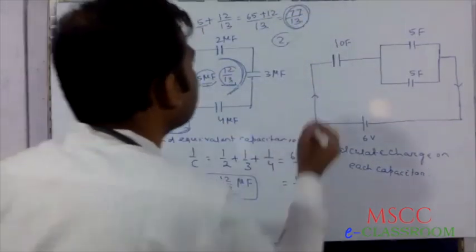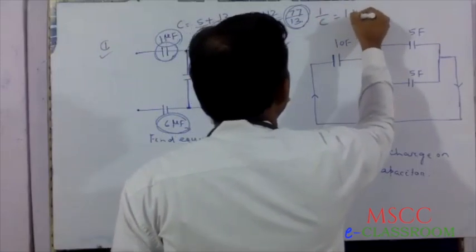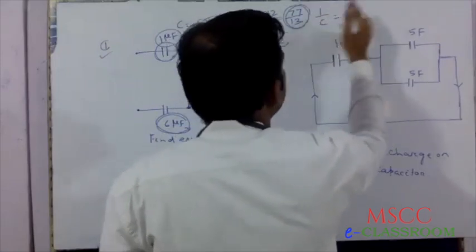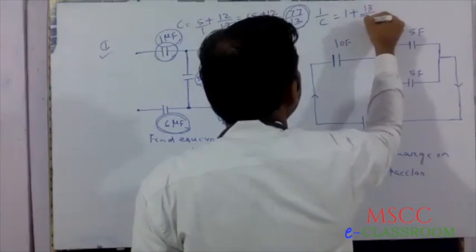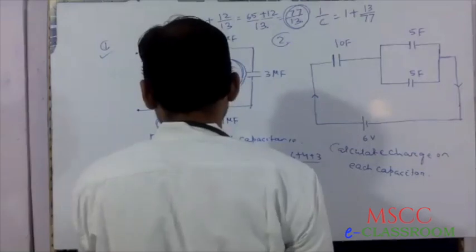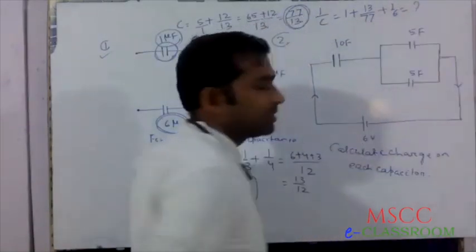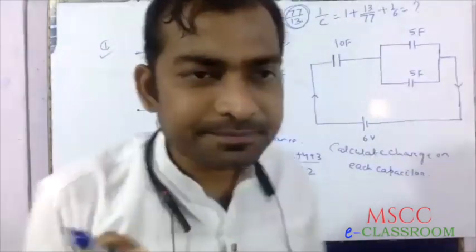Therefore, their equivalent capacitance is 1 by C equals 1 by 13 by 77, that is 13 by 77, plus 1 by 6. Just you calculate.